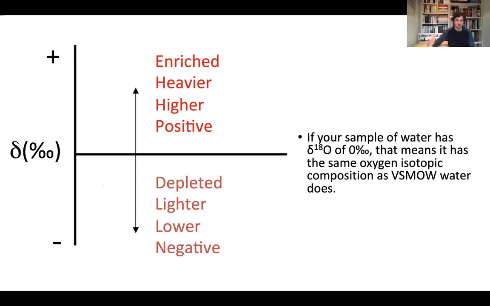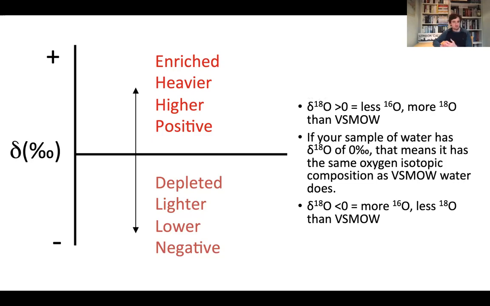If it's 0 per mil, that means you have the same 18O/16O ratio as is in the standard, in this case Vienna Standard Mean Ocean Water. If you have positive values above 0, that means you've got less 16O, more 18O than the standard. And if you have negative values below 0, that means you've got more 16O, less 18O than the standard.